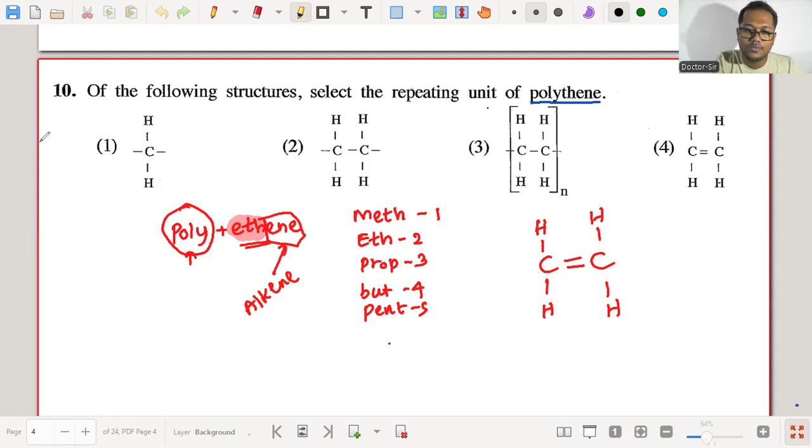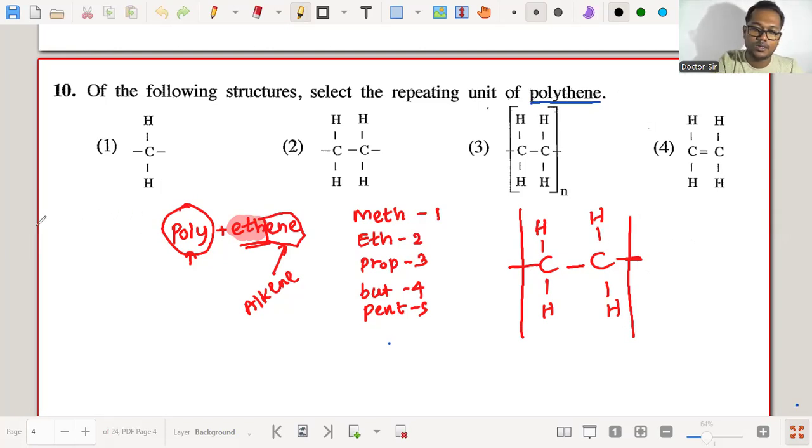So what we do, we take this double bond out. Now the double bond is out. So the double bond, we put half bond for this side, other half for this side. Now this unit we can call a repeating unit. These units will repeatedly come and join together.